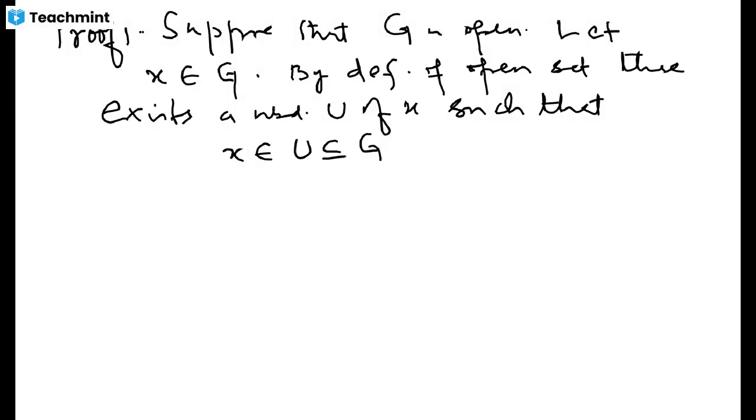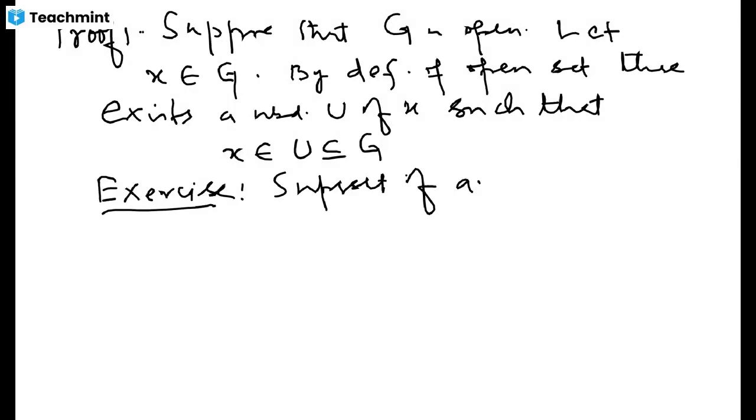Now there is an observation which I leave for you to verify, a very simple observation, that a superset of a neighborhood of a point is also a neighborhood of that point.